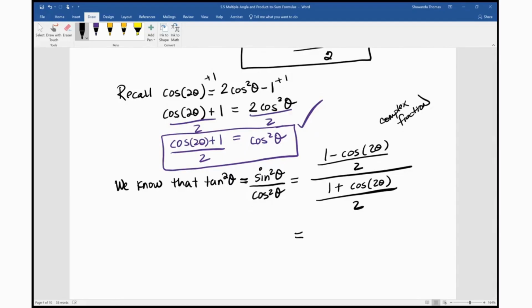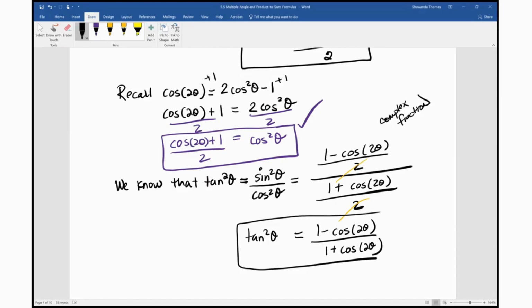I didn't know to cancel the 2's out. All right, because when you flip it, multiply by the reciprocal, the 2's will cancel out, leaving us with just 1 minus cosine 2 theta over 1 plus cosine 2 theta. So that's one way to derive tan squared theta, which is the last power reducing formula.